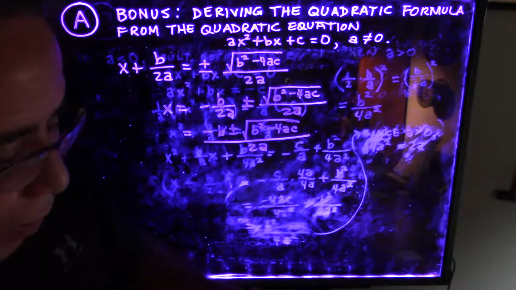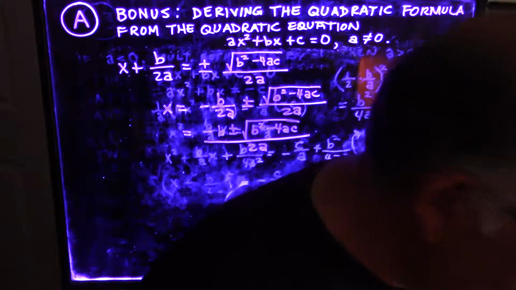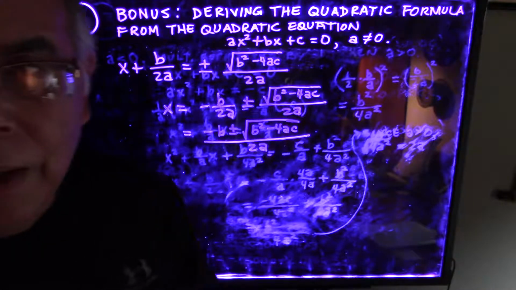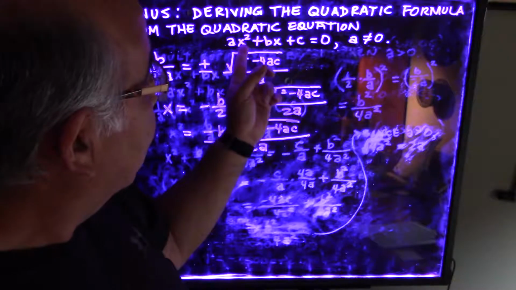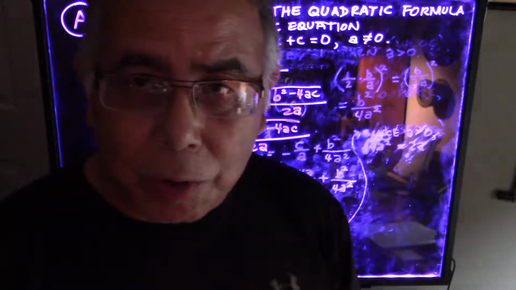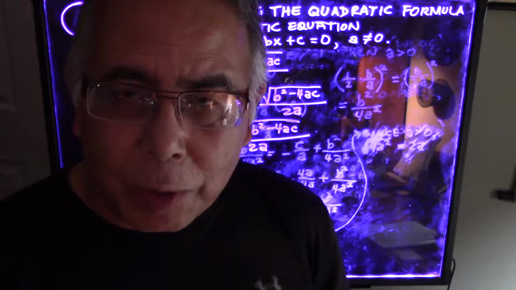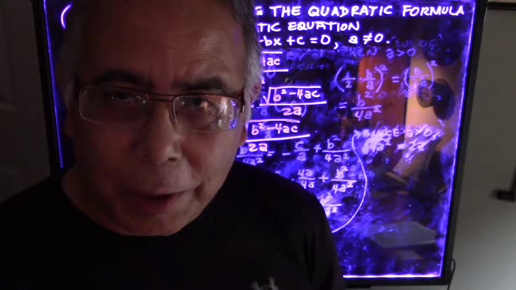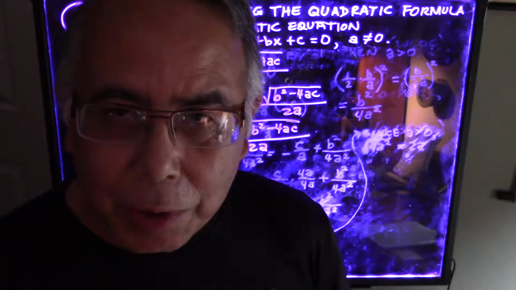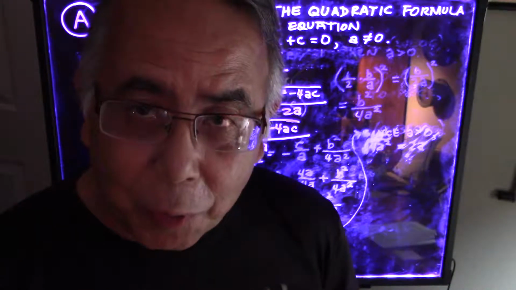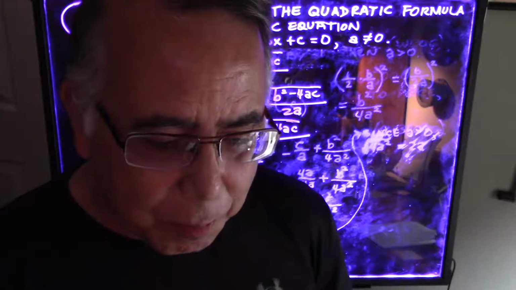You might be wondering if there are formulas for cubic equations or quartic equations. What's a cubic? It's a degree 3 polynomial or degree 3 polynomial function. This is degree 2, so of course there's a formula for that. We just saw that. There is a general formula that'll work on all degree 3 polynomial equations, and one for degree 4, quartics.